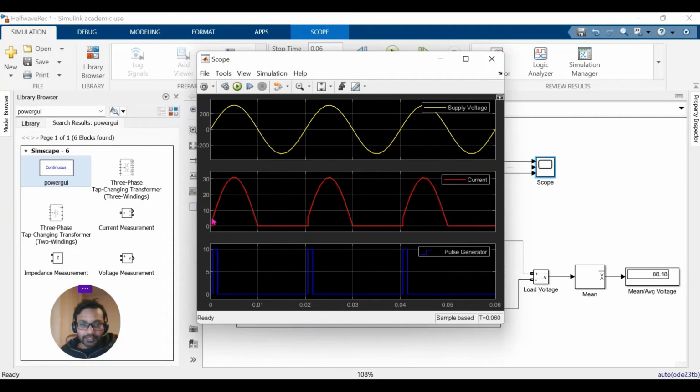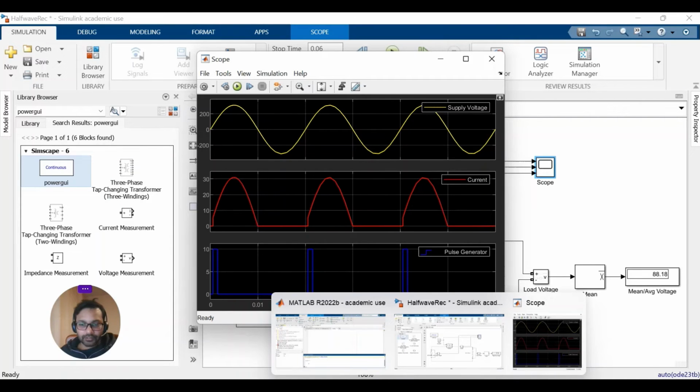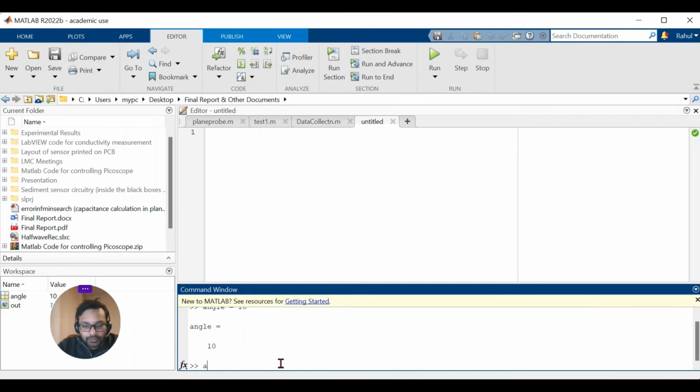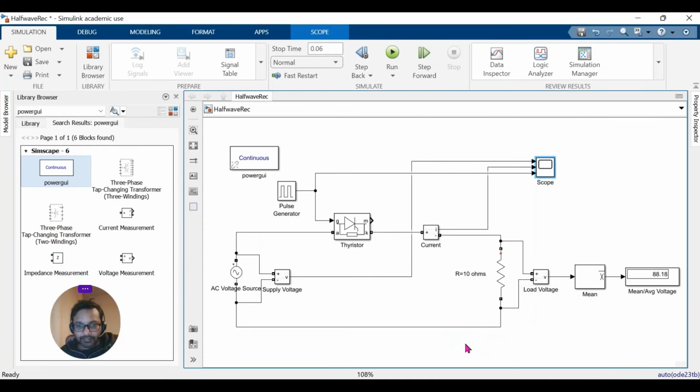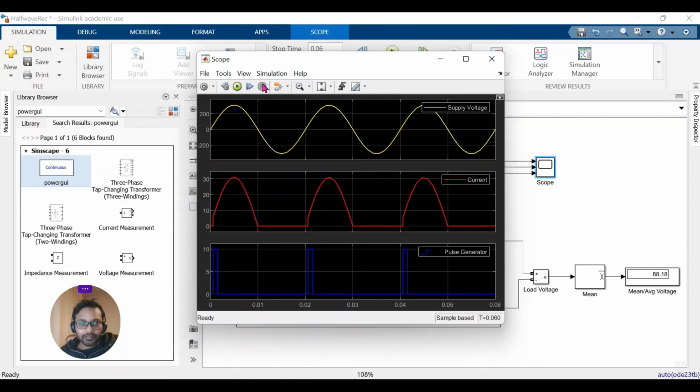At that angle, as you can see, the controlled rectifier starts producing DC voltage after 10 degrees. Now let's change the firing angle to 45 degrees, and then let's run the circuit again.